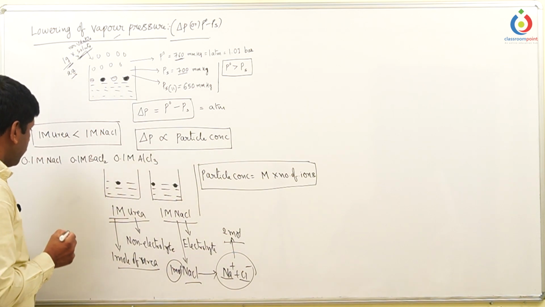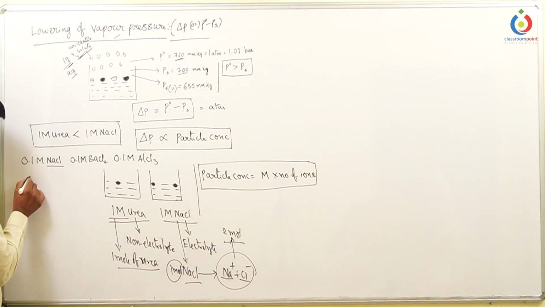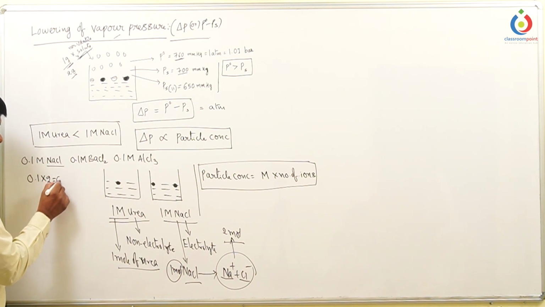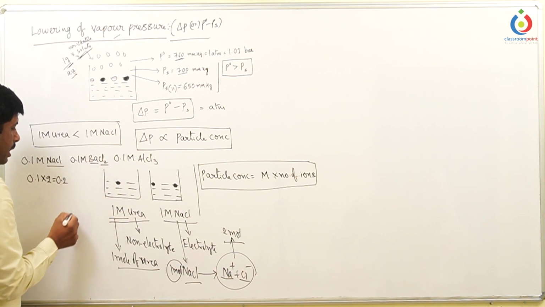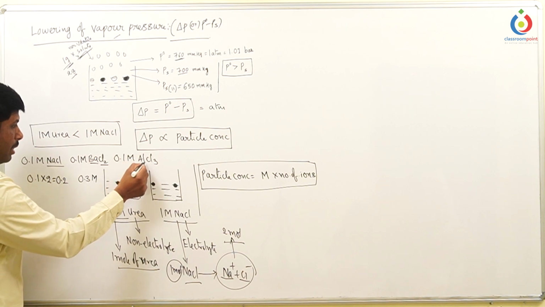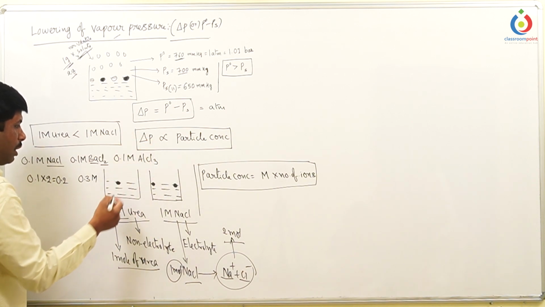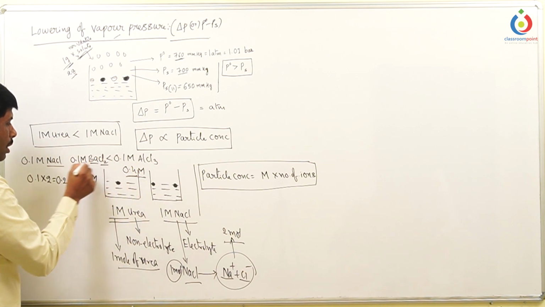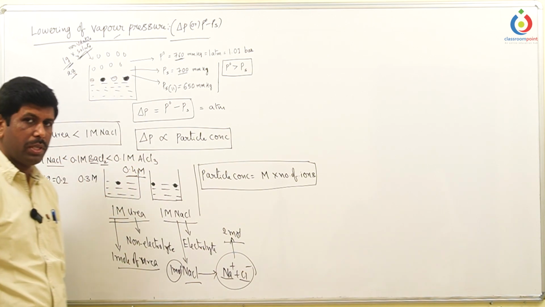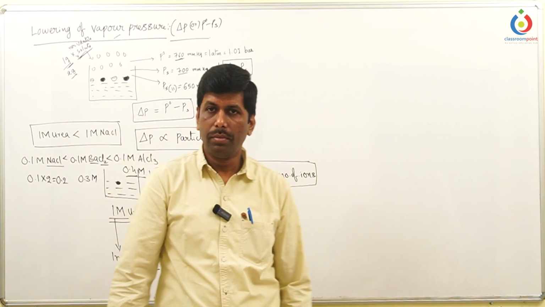NaCl gives only 2, so its particle concentration is 0.1 into 2 equals 0.2. Here, 1 Ba2 plus and 2 Cl minus, so the value equals 0.3 m. Here, Al3 plus and 3 Cl minus, that means totally 4 are there. So 0.4 m particle concentration is more, so the lowering of vapor pressure is also more.